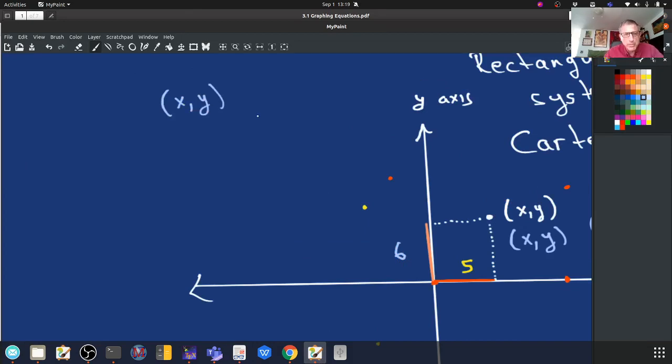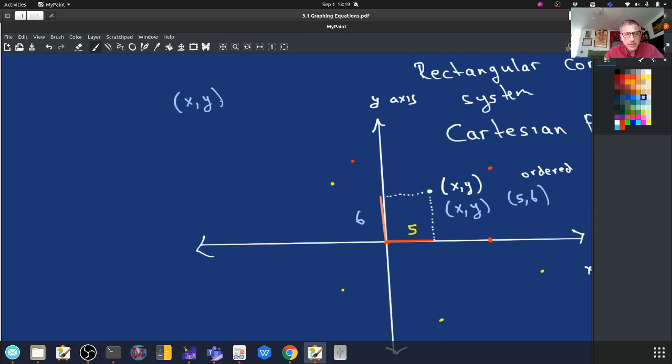And two ordered pairs, x and y, and x sub 1 and y sub 1, where x is not necessarily equal to x sub 1 and y is not necessarily equal to y sub 1, are the same if and only if the x values are exactly the same and the y values are exactly the same.